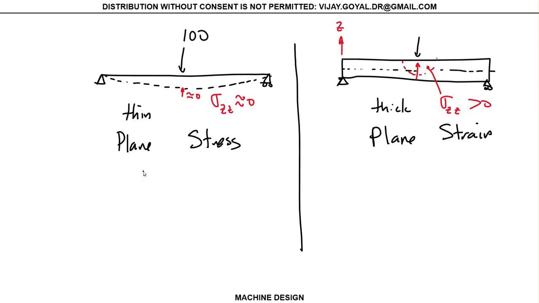Okay, and as I mentioned, in this case, this is almost 0, and this is bigger than 0. And this is true because this is z. If this was y, then this would be sigma yy. If this was x, it would be sigma xx. It's the direction perpendicular to where my loads are actually acting.